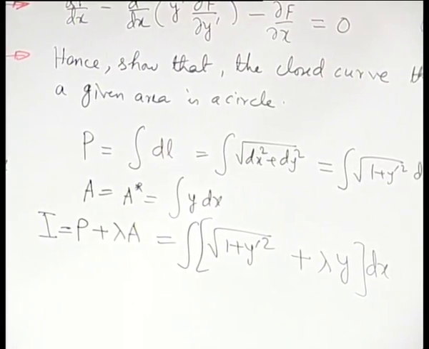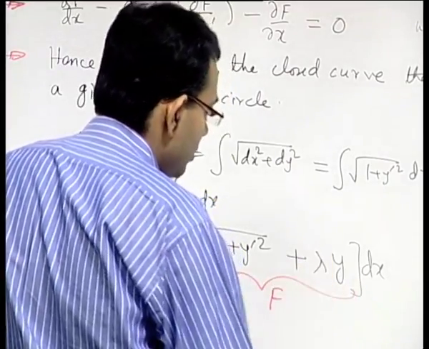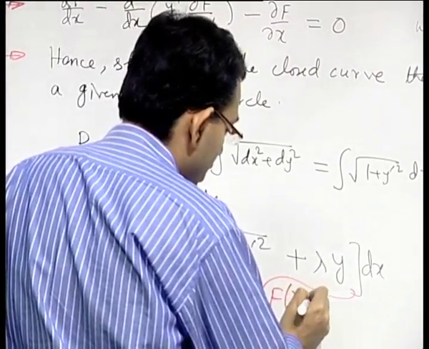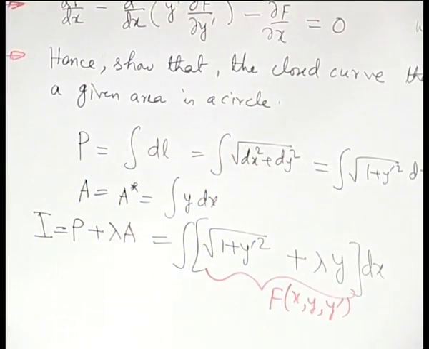So, this becomes our functional f. Here of course there is no explicit x, but you have y and y prime both.